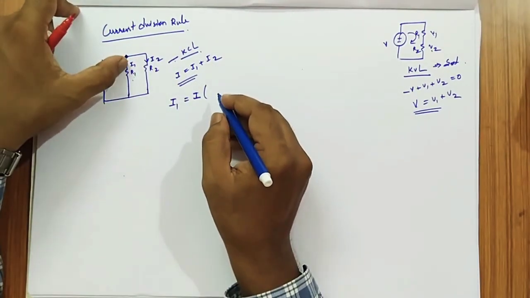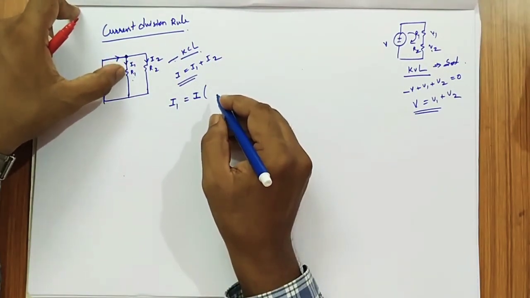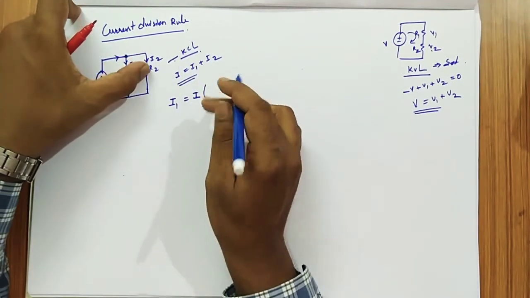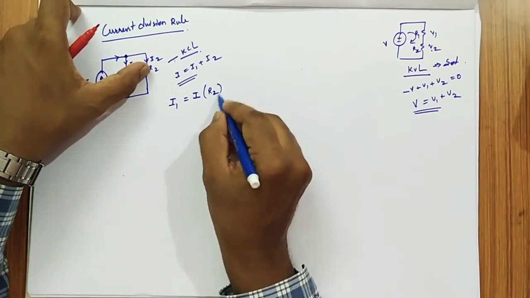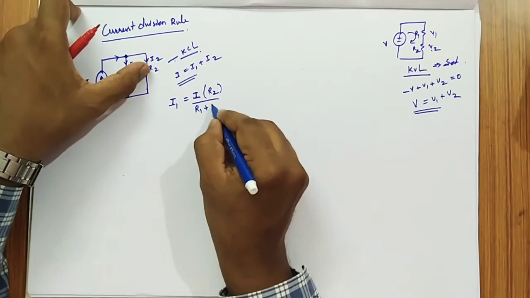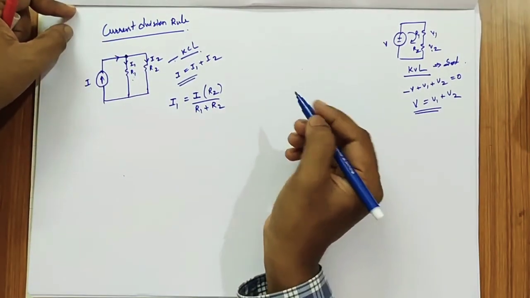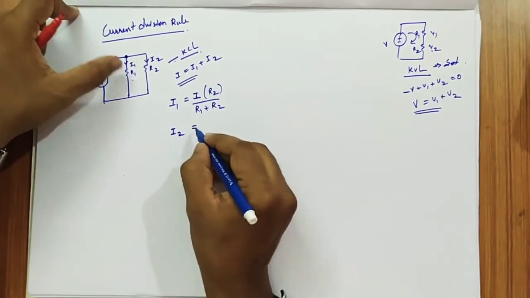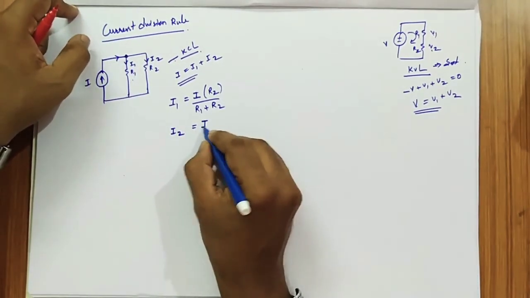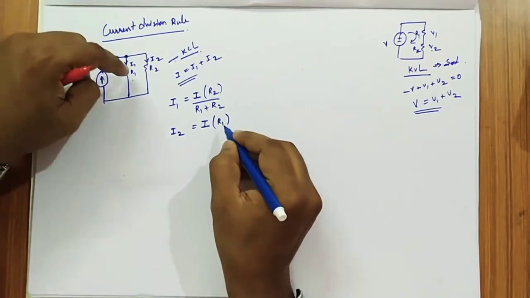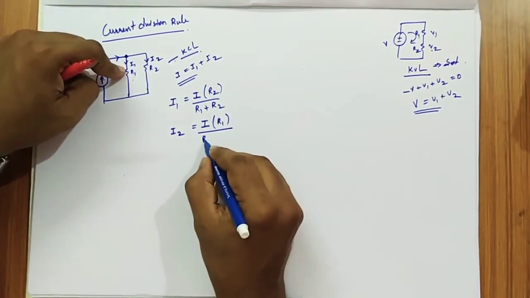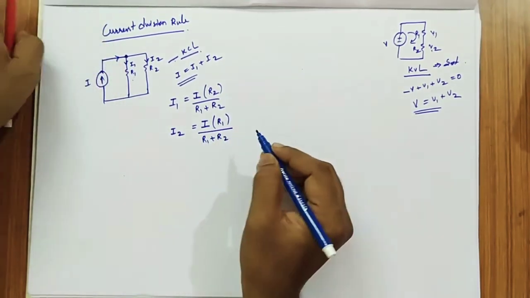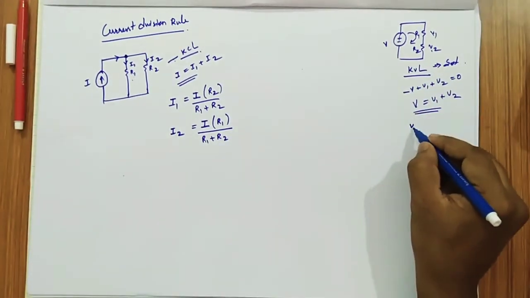So to find the current through R1, you have to depend on the other resistance: R2 by R1 plus R2. If you want to find the current through R2, then the formula is the supply current into the other resistance R1 by R1 plus R2.